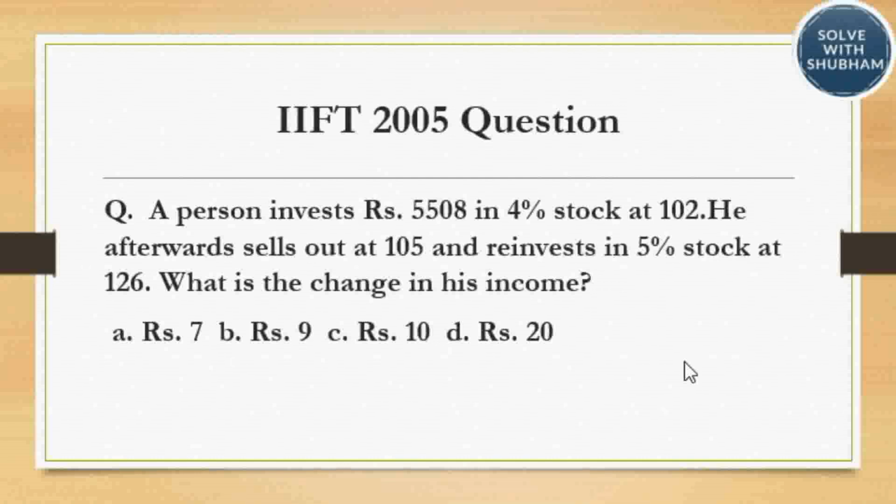What is the change in his income? You have been given 4 options. Now, let us have a look at this question carefully. The first statement says the person is investing 5508 in 4% stock at 102. So with this first statement, we can find out how many shares he bought.